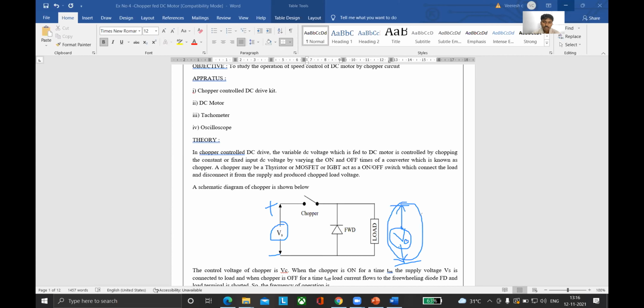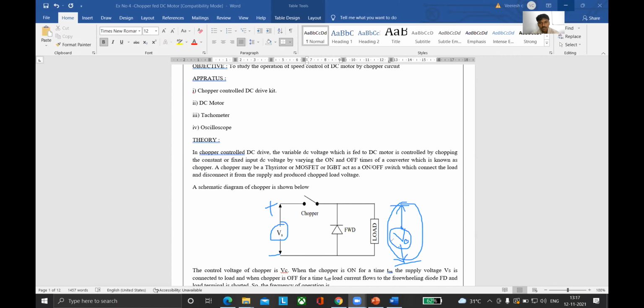But how are we going to control the output voltage? In the case of rectifier circuits, how do we vary the output voltage? We vary the firing angle in rectifiers. What happens if the firing angle is varied? The output voltage is also varied.